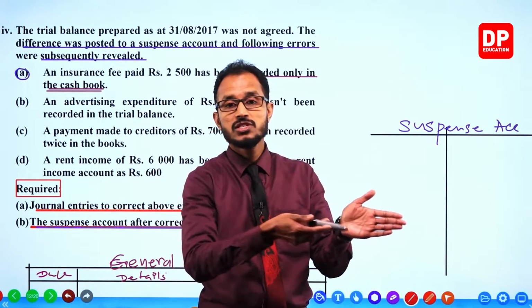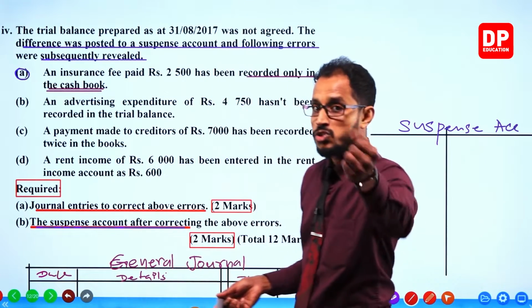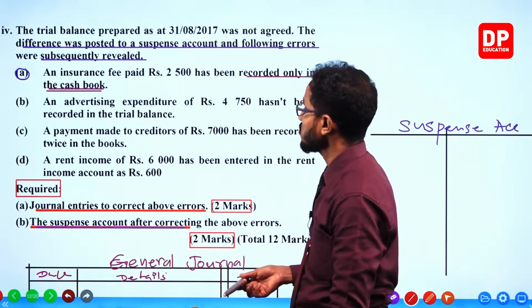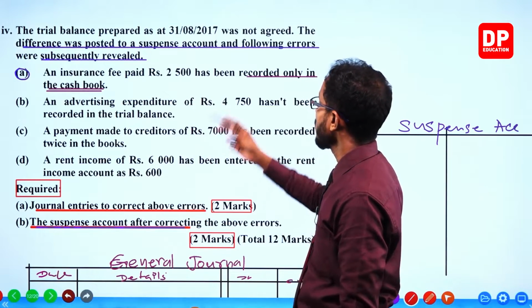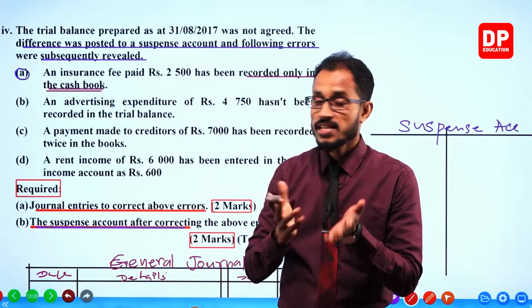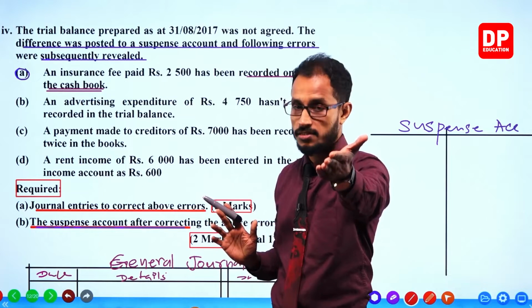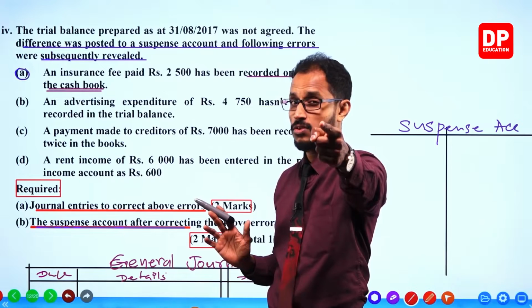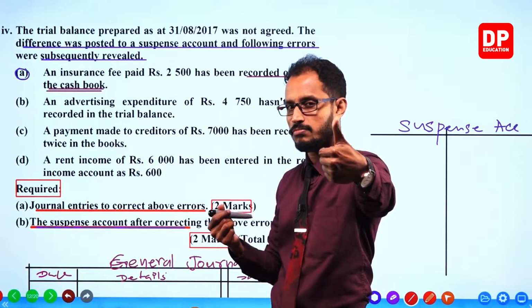So the insurance fee paid 2,500 recorded only in the cash book is an error. You must correct it.